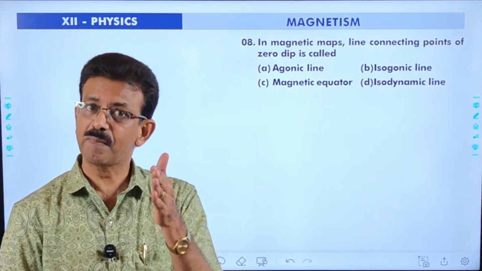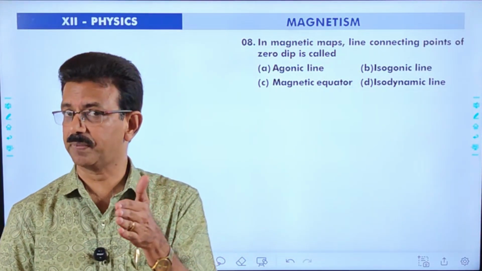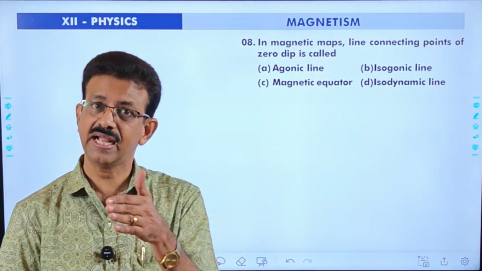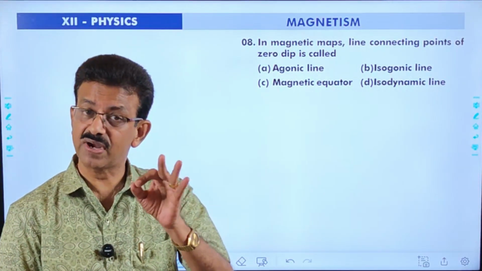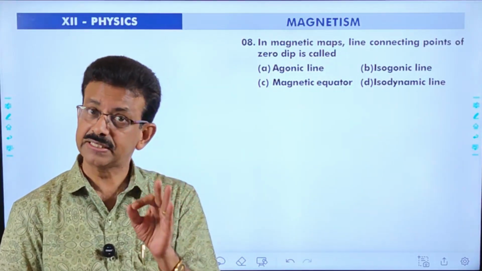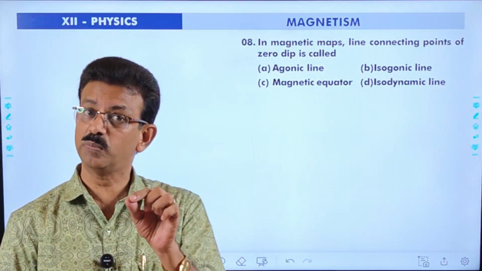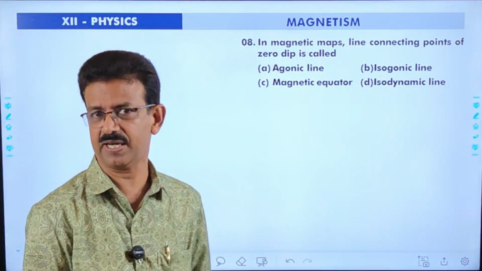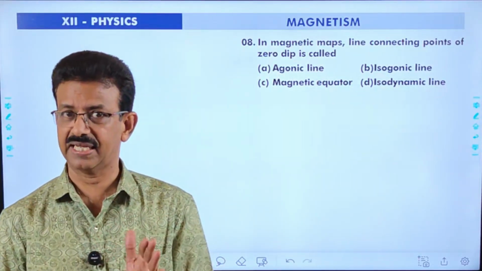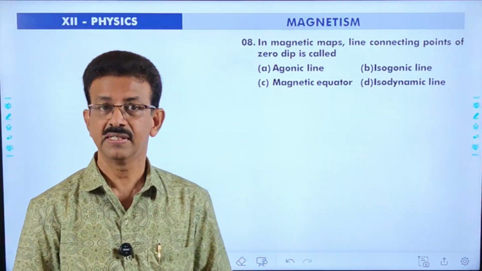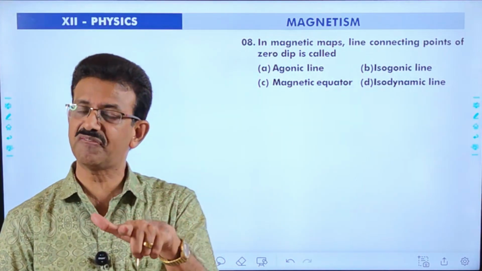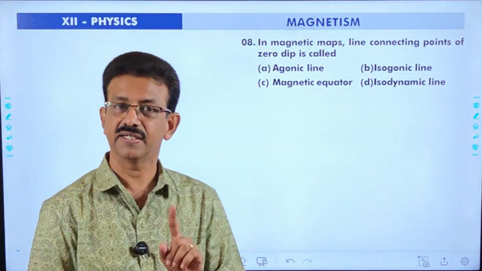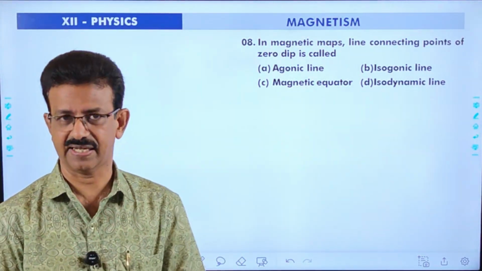If a bar magnet is freely suspended, it will align along the north-south direction. An imaginary vertical plane passing through the North Pole and South Pole of a freely suspended magnet is called the magnetic meridian. The angle between the magnetic meridian and the geographic meridian at a place is called declination.